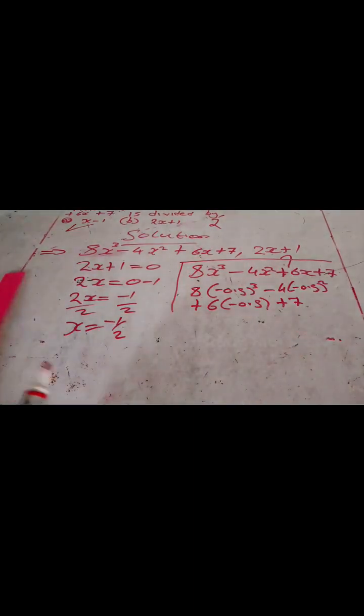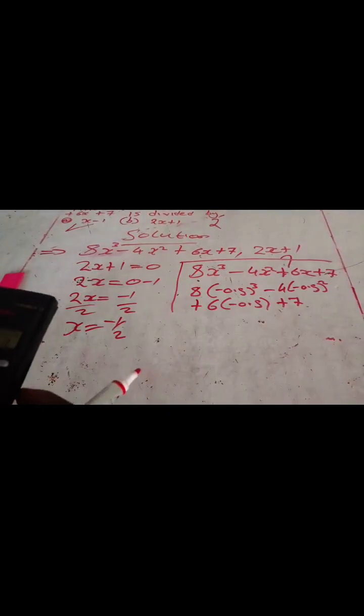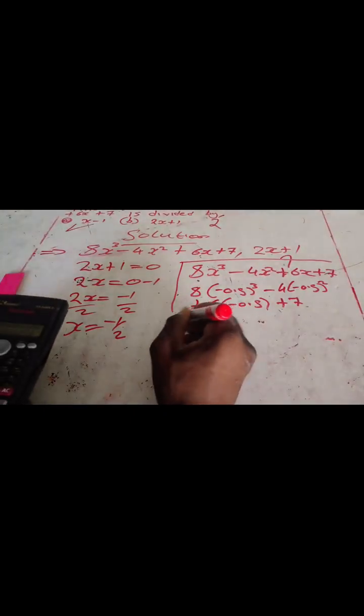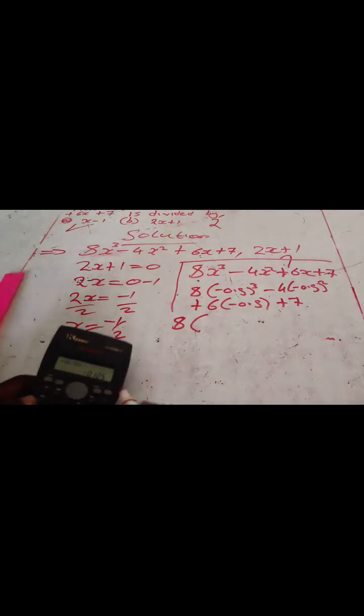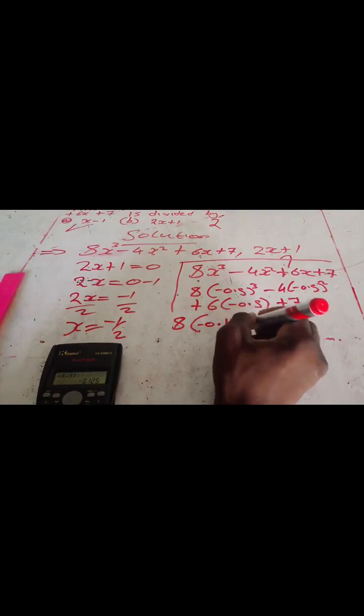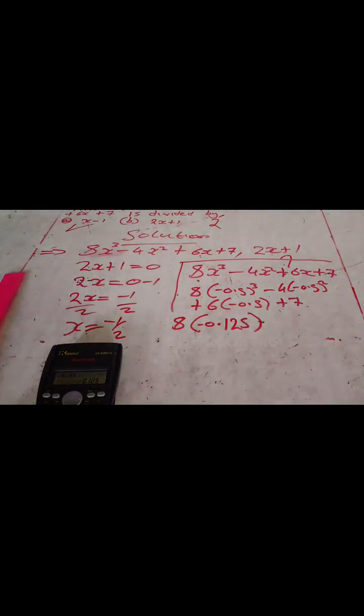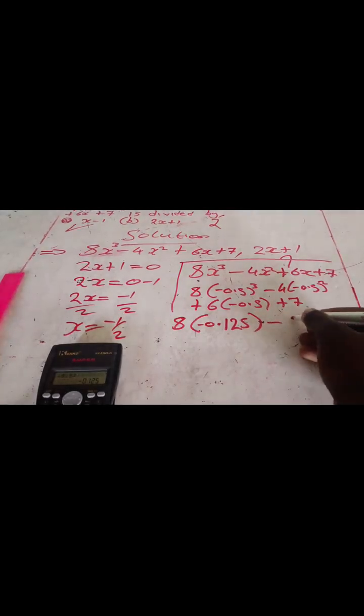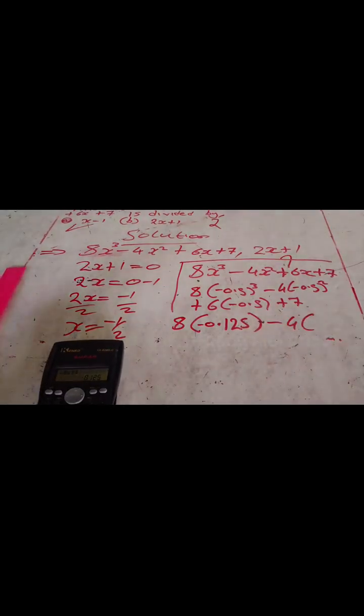So 8 multiplied by negative 0.5 cubed is negative 0.125, minus 4 multiplied by negative 0.5 squared.